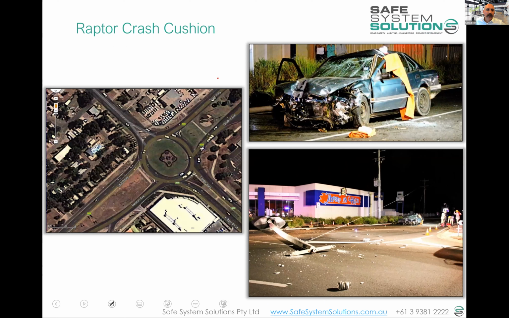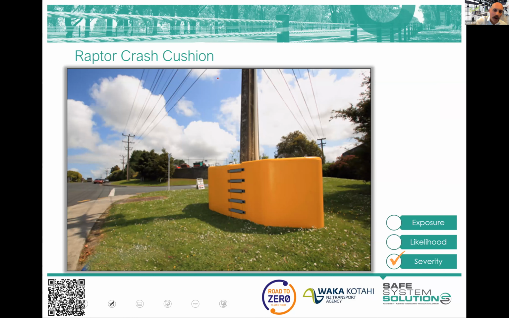And I'll give this final sort of case study example before I take any final questions and we show you your little assignment. It's in the same sort of vein of thinking, how do we manage energy? And this is a crash that happened into a power pole, but the power pole had a Raptor, which is a device which is pretty ingenious, in my opinion, that goes around the pole.